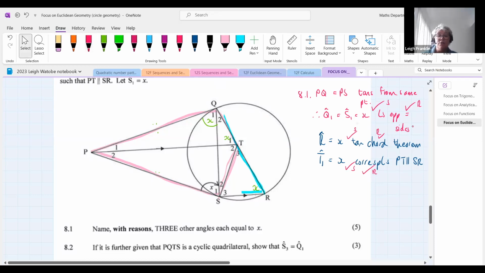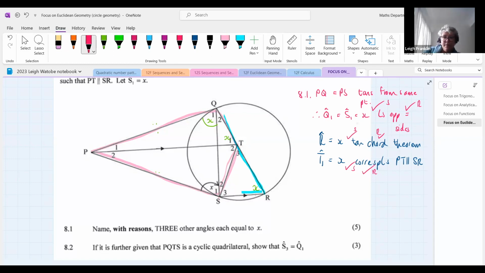Okay, let's do this last one, and then we can perhaps call it a day. Now they say if it is further given that PQTS is cyclic, show that S3 equals Q1. So in other words, if we know that Q1 is equal to X, they want us to prove that S3 also equals X. How can we get S3 equal to X?